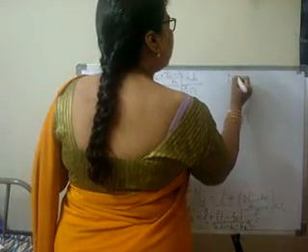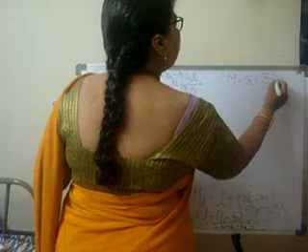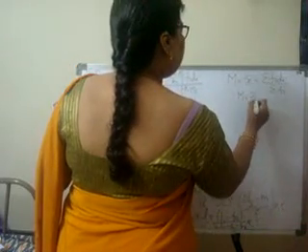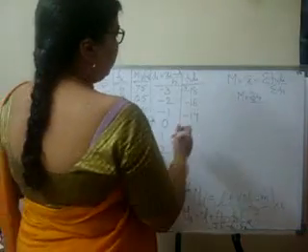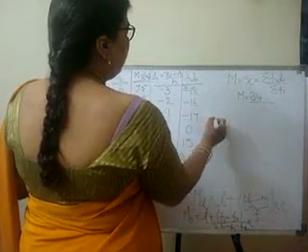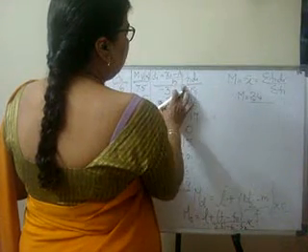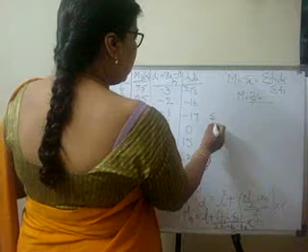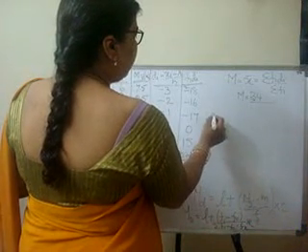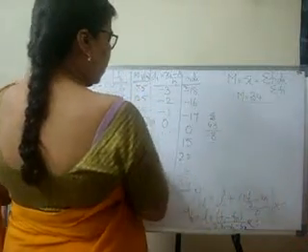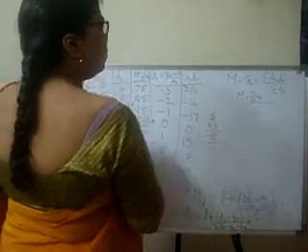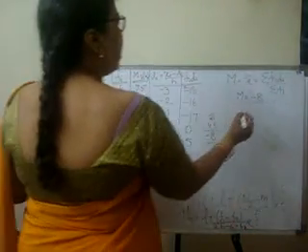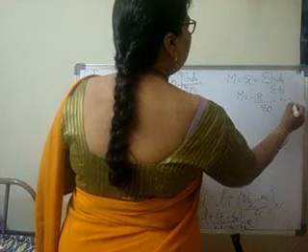So your mean is X bar equal to summation Fi Di by summation Fi, which is minus 8 divided by 80, equal to minus 1 by 10.